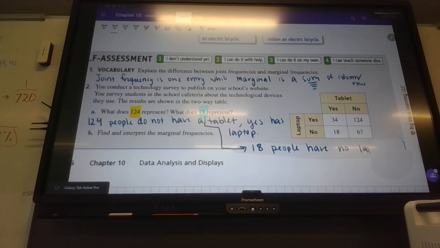Have no laptop, but it's a joint. There's more than one piece of data about that 18. 18 people have no laptop, but yes, tablet.